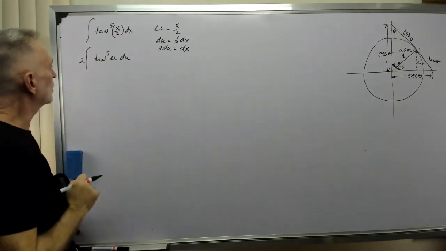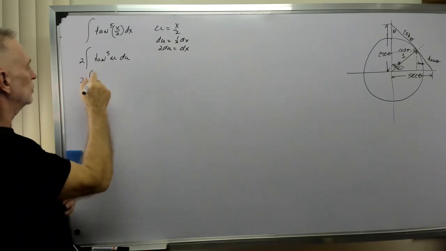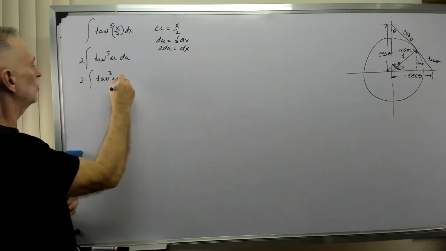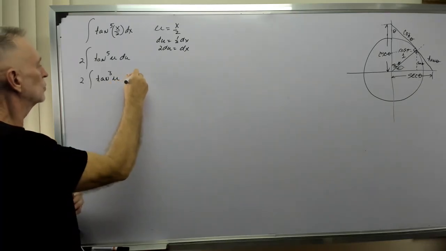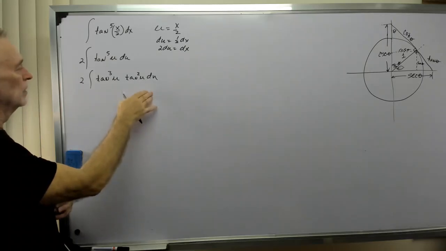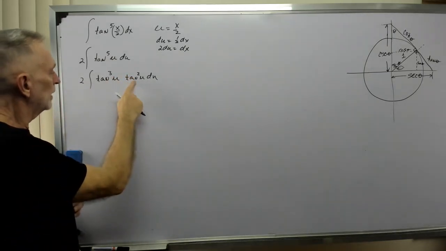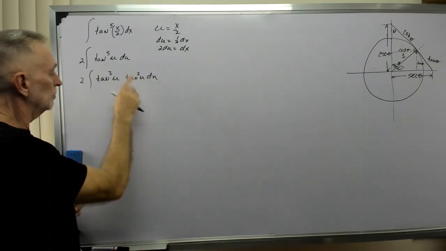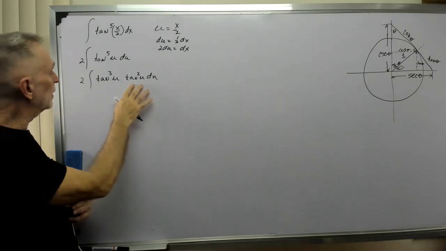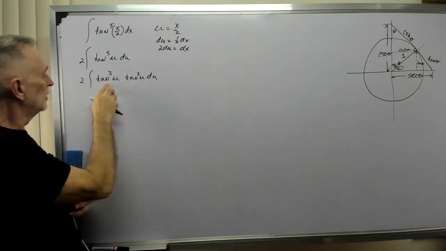was my dx. Now then, let's take tangent squared out of this. I have tangent cubed u times tangent squared u du. That would give me tangent to the fifth, okay? Now, the logic here is if I can introduce a secant squared into this, I can let u, or I've already used u, but you get the idea.